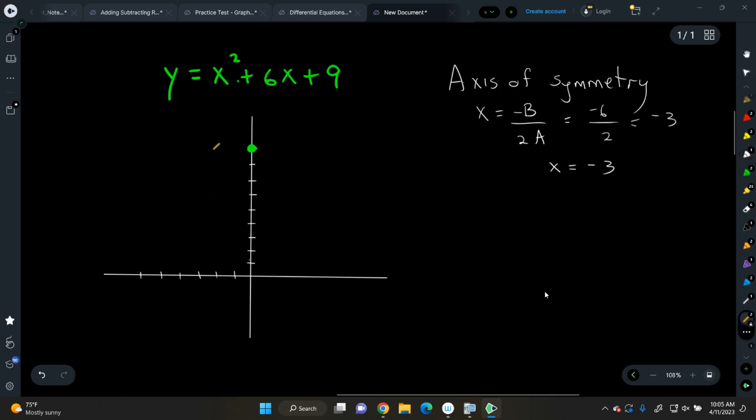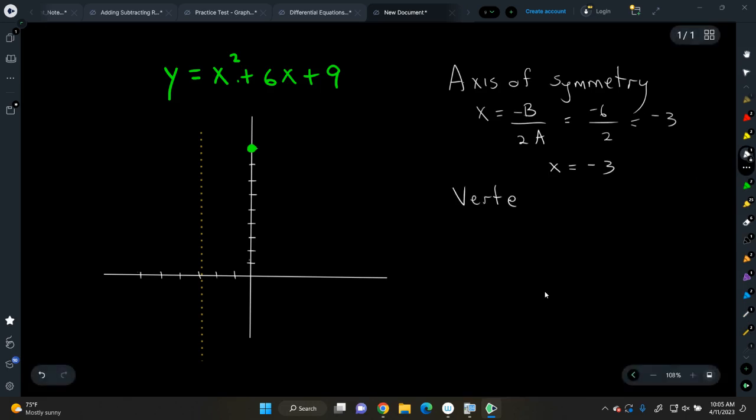Okay. All right. And then we're going to find our vertex. So we get y equals negative 3 squared plus 6 times negative 3 plus 9. So we're looking for our vertex. So y equals 9 plus negative 18 plus 9.